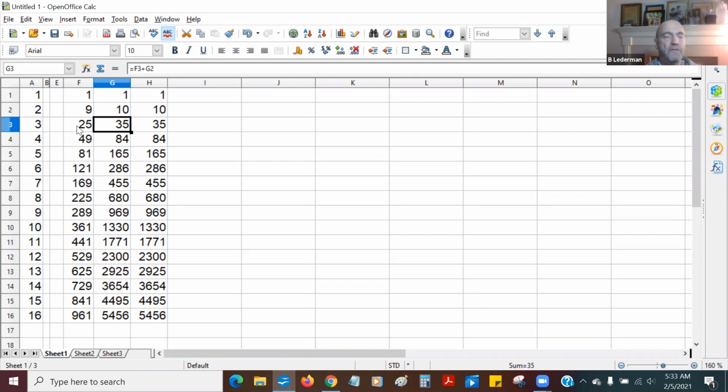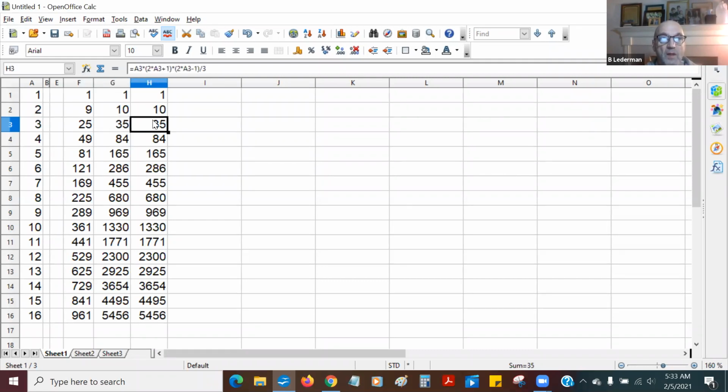It's adding F3 to G2. I really gotta put my glasses on so I can see. But that means this is really 1 plus 9 plus 25, which is 1 squared plus 3 squared plus 5 squared. So this column G is really just the regular sum of the odd squares.